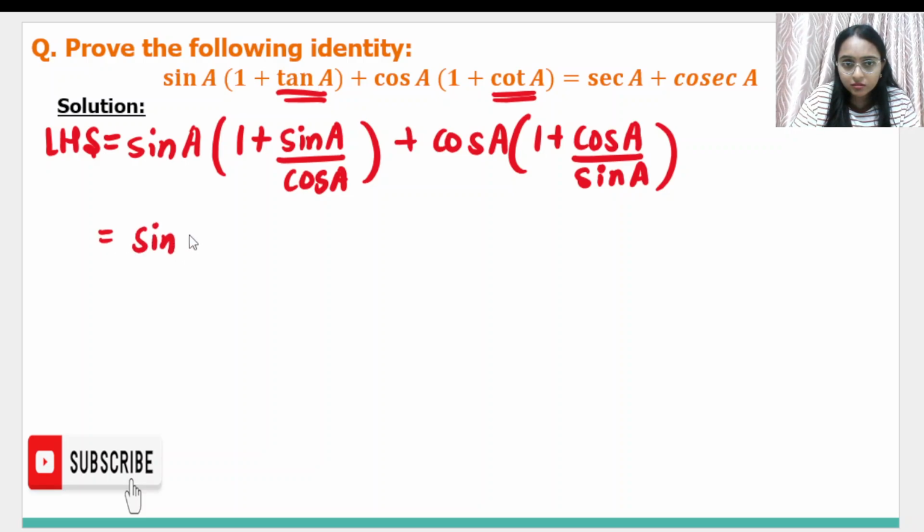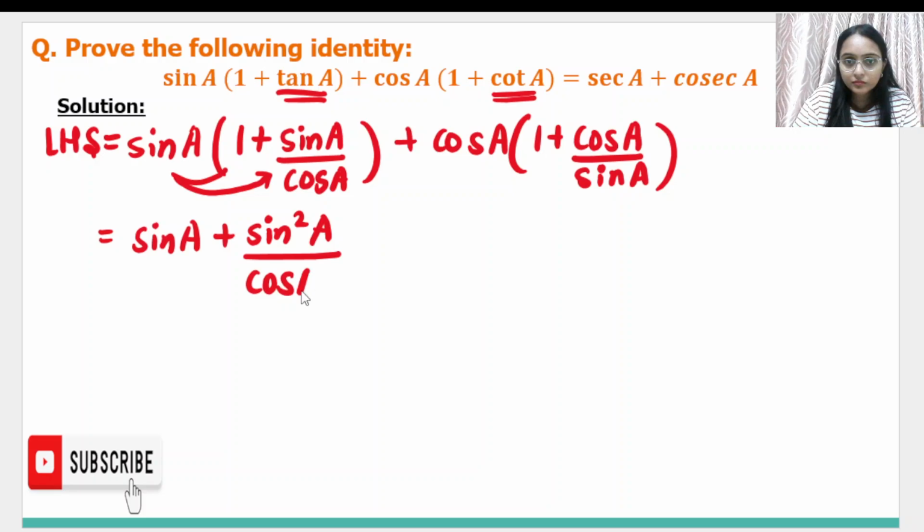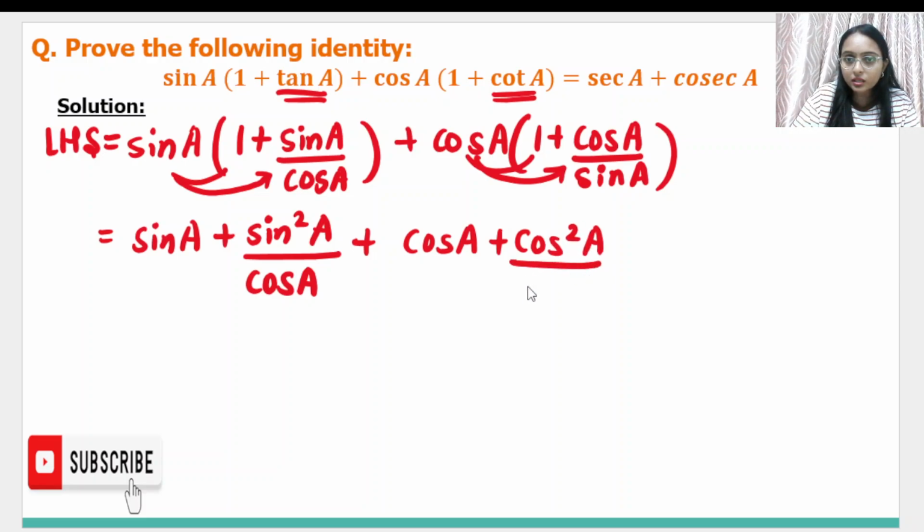You have sin A multiplied by 1, and then when you multiply with this you get plus sin square A upon cos A, plus cos A multiplied by 1 gives you cos A, plus now here again cos A multiplied by cos A is cos square A upon sin A.